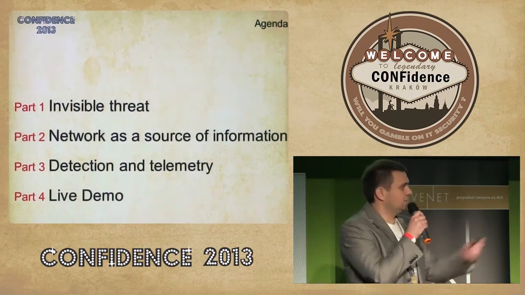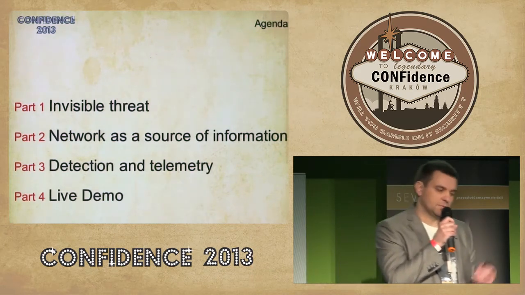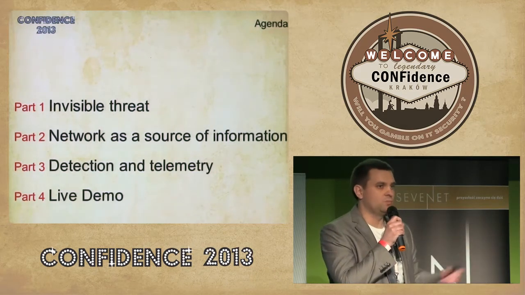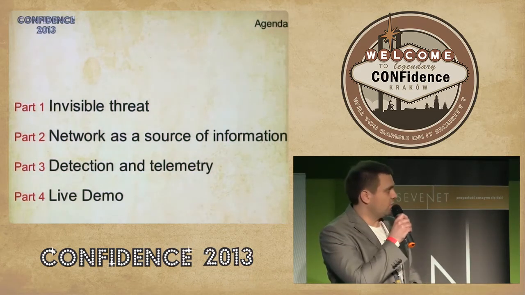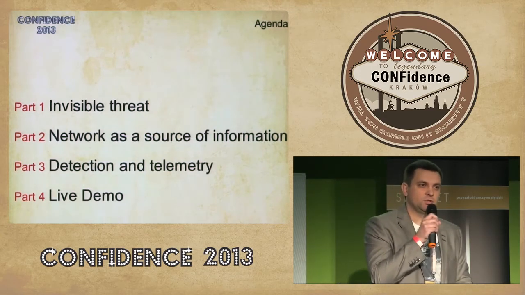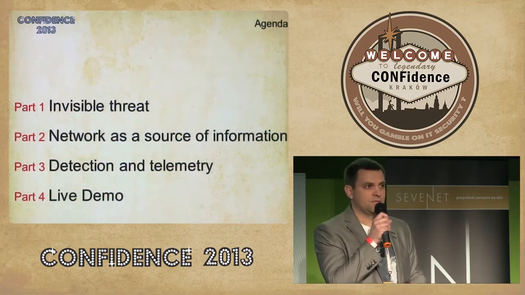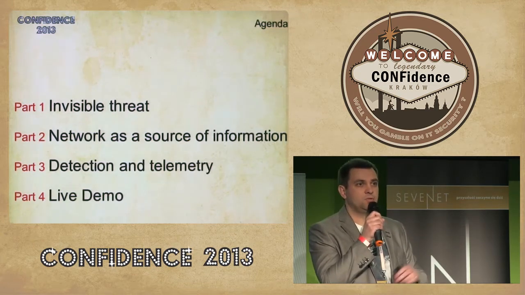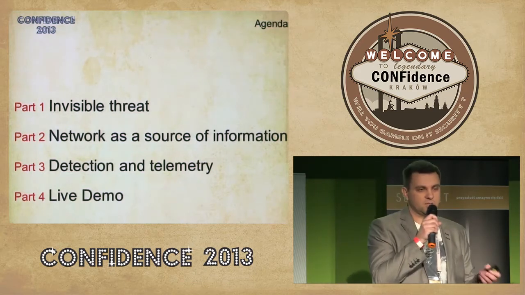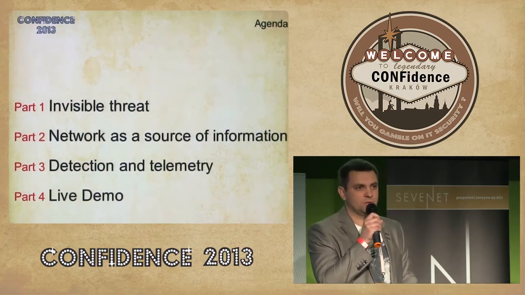After this, Jochen will show us a telemetry tool developed by Lancope. This is the StealthWatch system, and we will end our presentation with a live demo of the StealthWatch system.